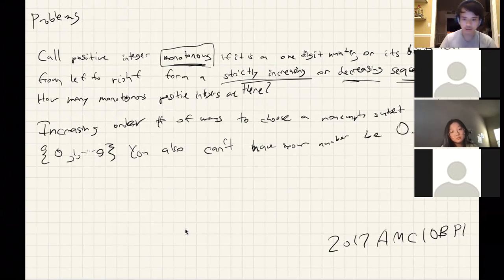So the number of ways you can choose a non-empty subset of digits from 0 to 9, excluding the empty set and 0, turns out to be 510 if I'm correct. 510 if I'm correct. Let me see.